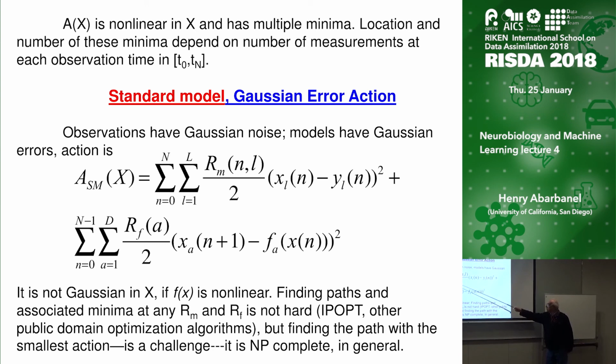In general, finding the minima of this function is not so hard, but we want the absolute lowest minimum because it gives the absolute biggest contribution to that integral. And finding that absolute lowest minimum in computer science-like language is NP complete, which means that you cannot devise an algorithm that solves it in polynomial time.